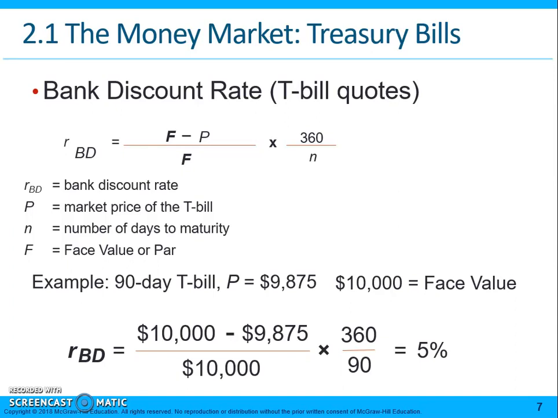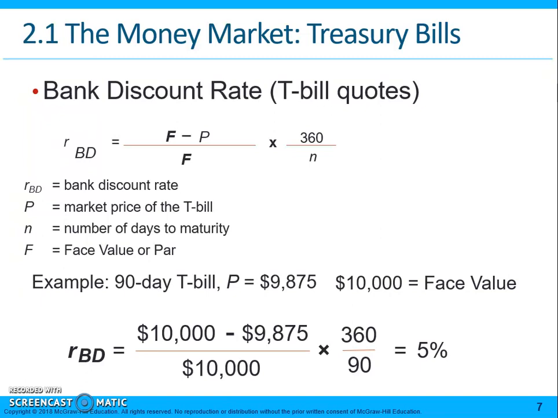This is also a difference in the way T-bills are calculated. The calculations are based on an actual 360-day basis. So N is the actual number of days, and then 360 is the assumed number of days in a year. So it does affect the calculations.